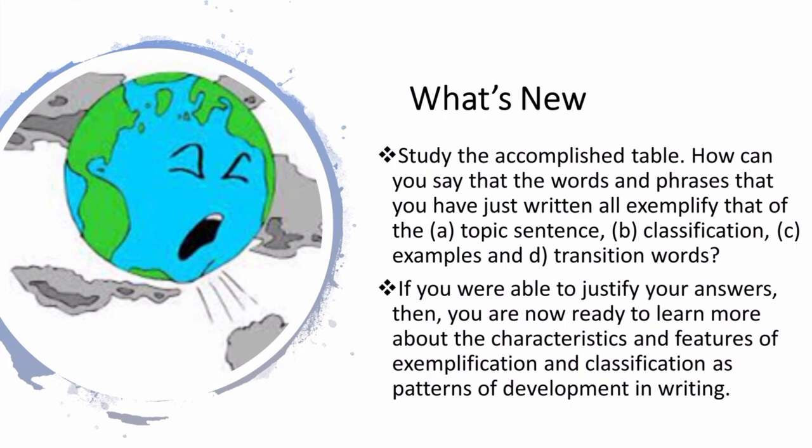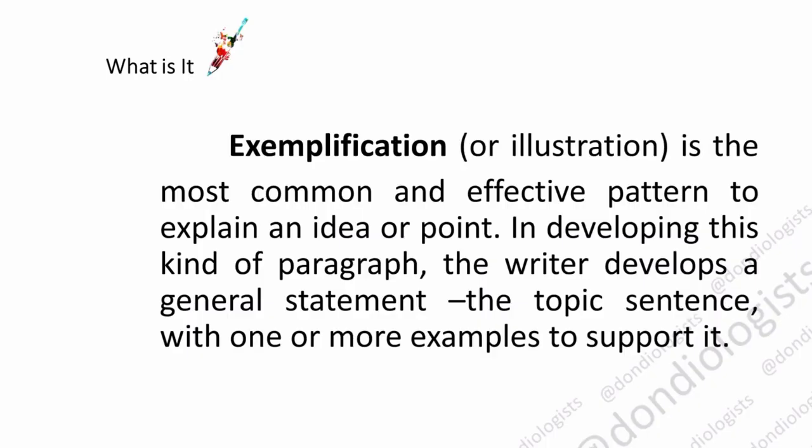How can you say that the words and phrases that you have just written all exemplify that of the A topic sentence, B classification, C examples, and D transition words? If you were able to justify your answers, then you are now ready to learn more about the characteristics and features of exemplification and classification as patterns of development in writing. Let's discuss.